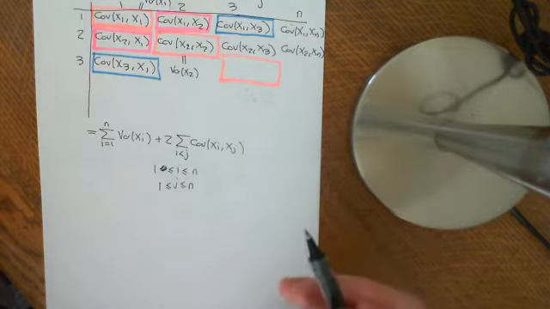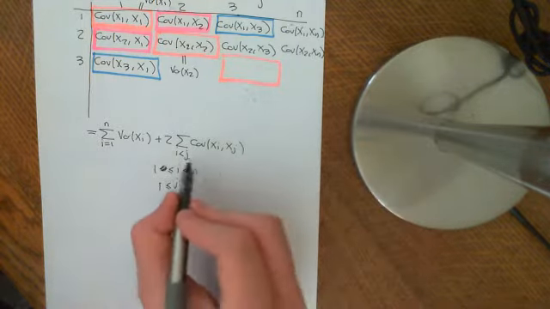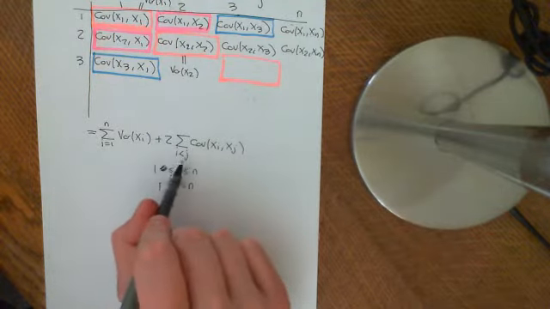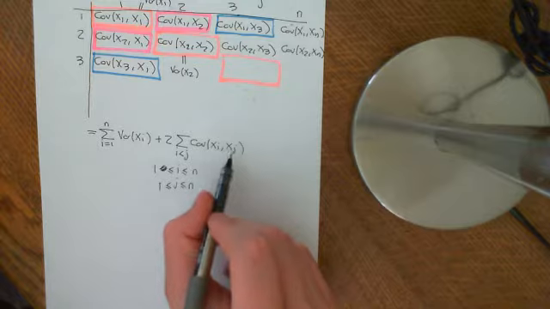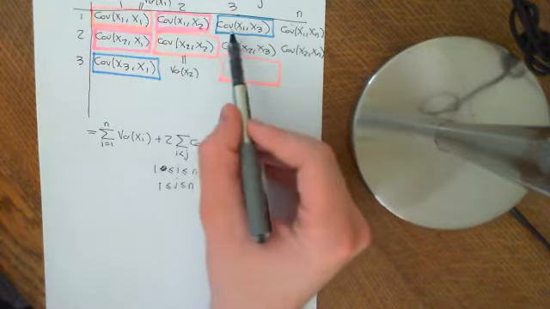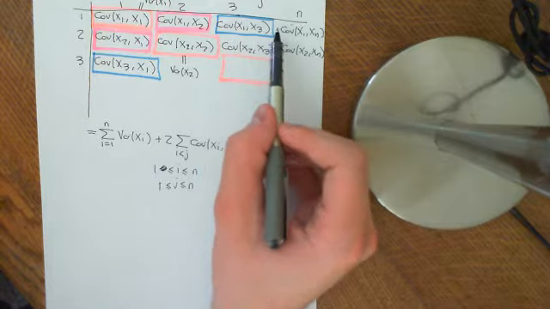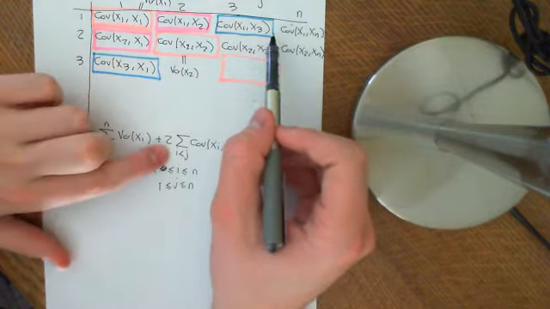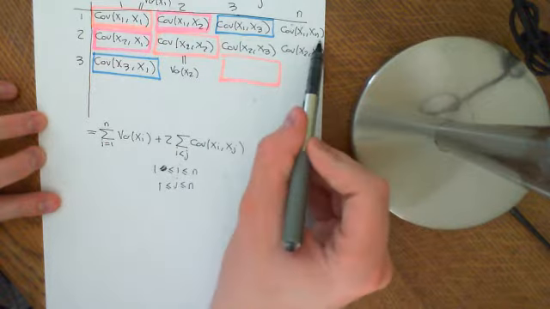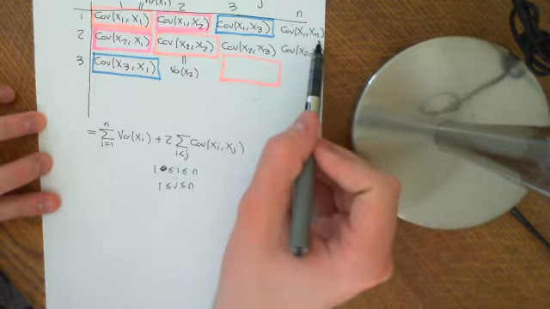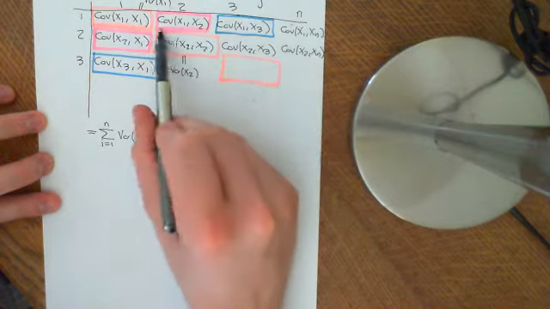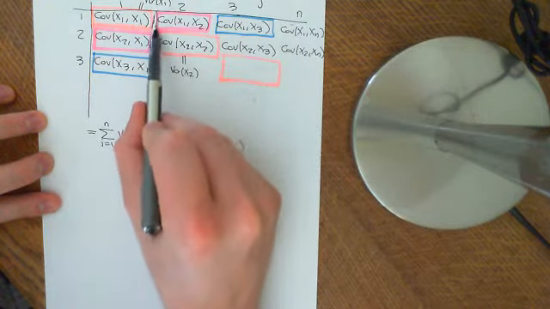Then you try j equal to 2, and bingo, that does work, because 1 is strictly less than 2. So the covariance of x1 and x2 is an allowed term, and we get this term here. And all the numbers after that, 3, 4, 5, do satisfy this property because they are all greater than 1. So we'll sum up all of these terms along here, all the way up to n. So you'll get this entire row from this diagonal term onwards.